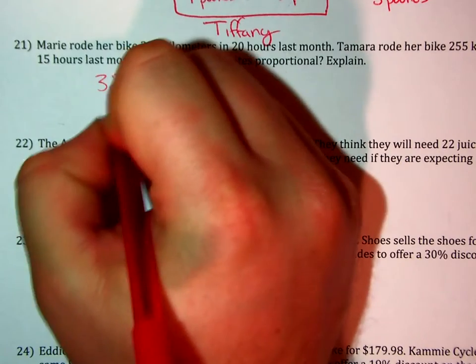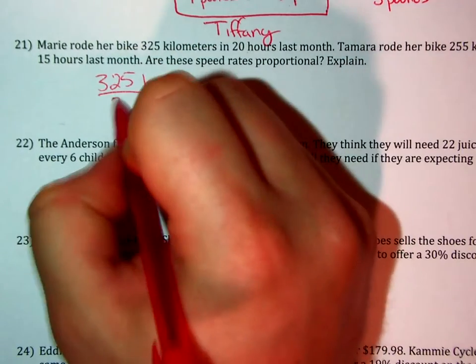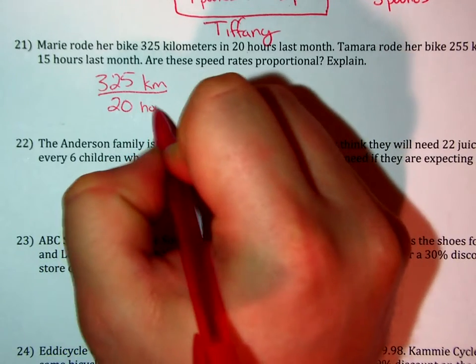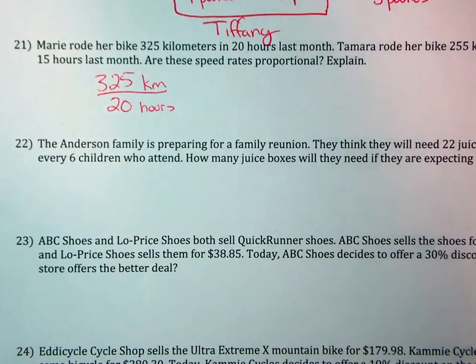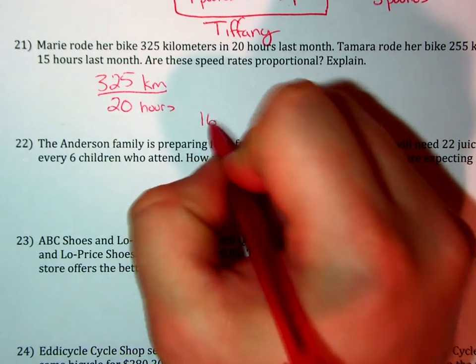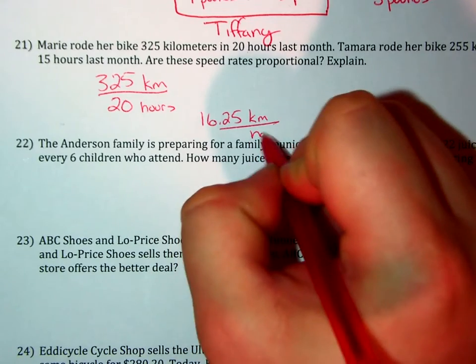So 325 kilometers over 20 hours. And we would find that that concludes to 16.25 kilometers per hour.